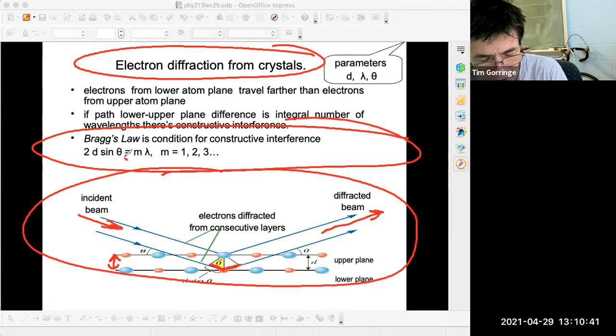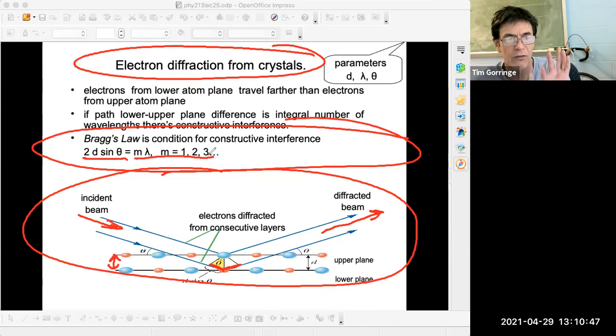That's 2d sine theta here. And if that's a whole number of wavelengths, 1 wavelength, 2 wavelengths, 3 wavelengths, 4 wavelengths of electron waves, then you get constructive interference. And so that's electron diffraction from crystals, and that's how electron waves were first directly observed.